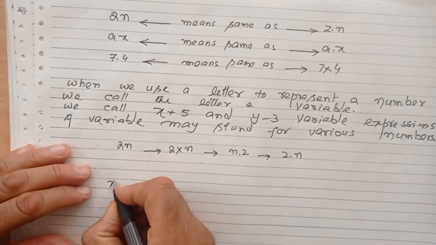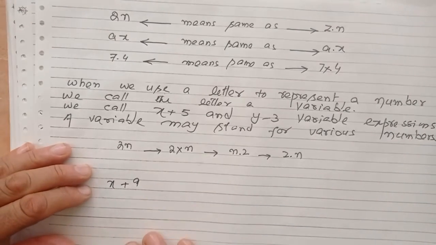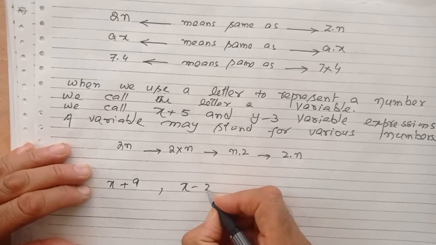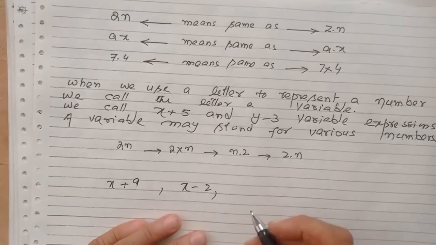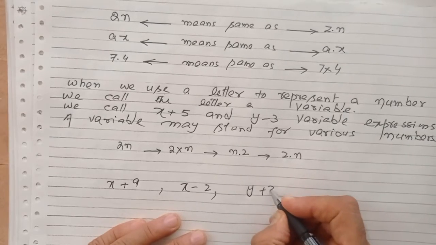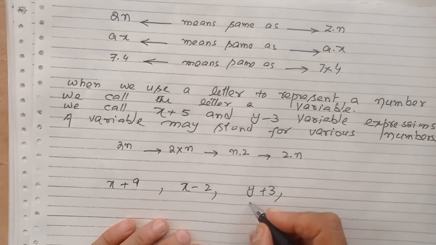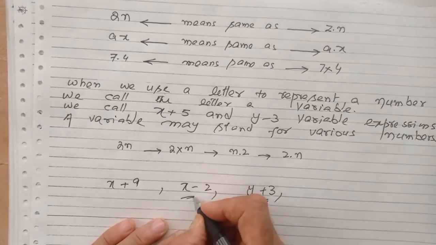Now, x plus 9 is also a variable expression. X minus 2 is also a variable expression. And y plus 3 is also a variable expression. So, these are variable expressions because there is a variable in these expressions.